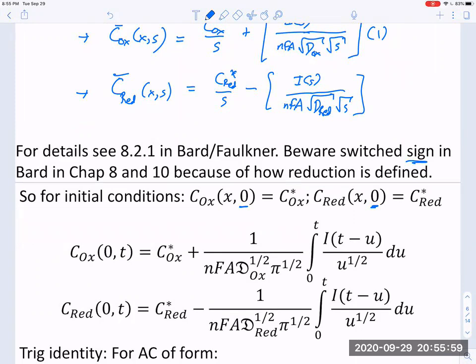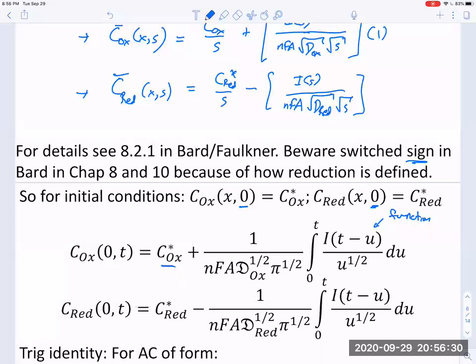The electrode surface concentration is going to be something related to the bulk concentration, 1 over NFA, then the diffusion coefficient of the oxidized species to the 1/2, pi to the 1/2. That's what's in this portion here, and then this integral comes from the inversion by convolution, where, just to be clear, this is a function.